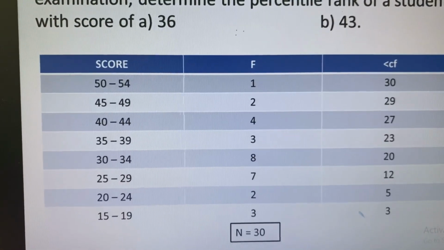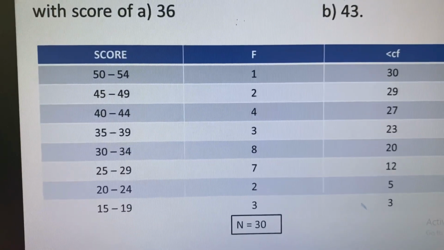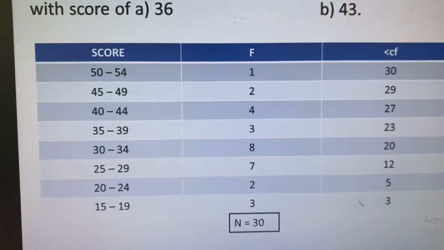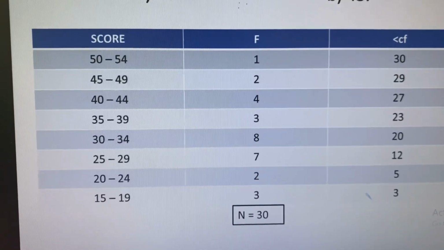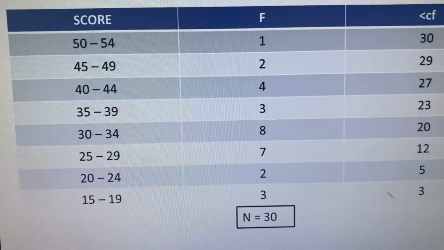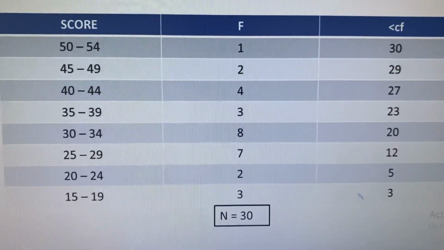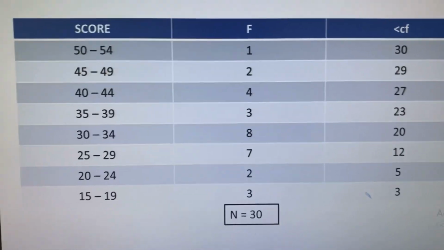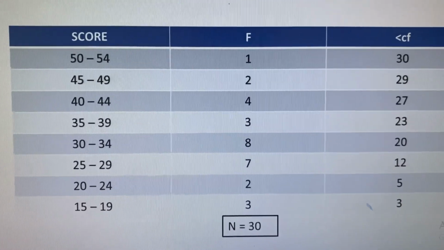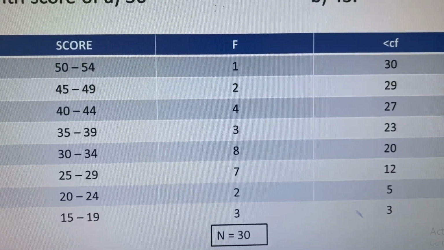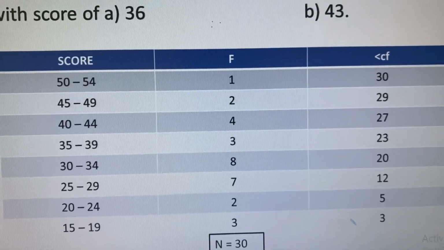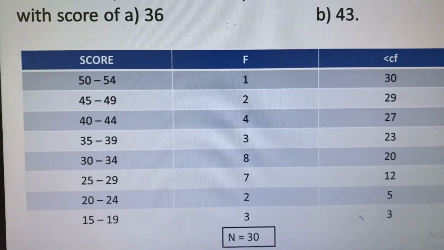Then the second column is the frequency. So we have F as the symbol. The total frequency is equal to 30. Then for the cumulative frequency greater than, starting from the bottom, we have 3, 5, 12, 20, 23, 27, 29, and 30.